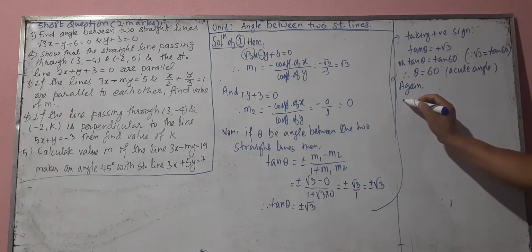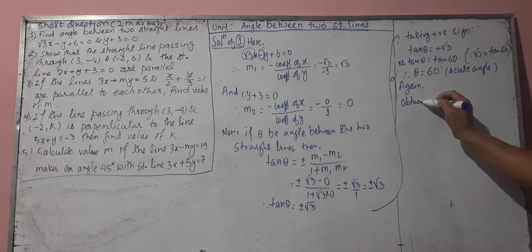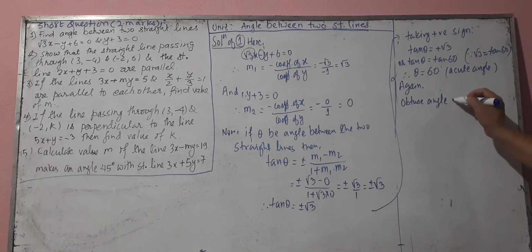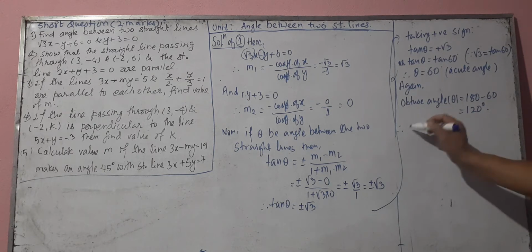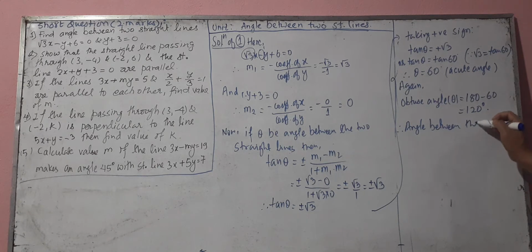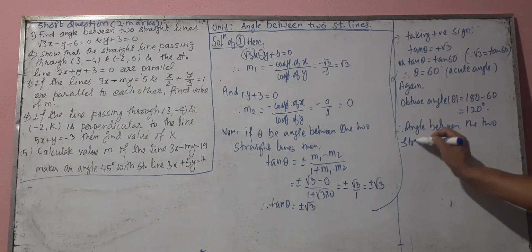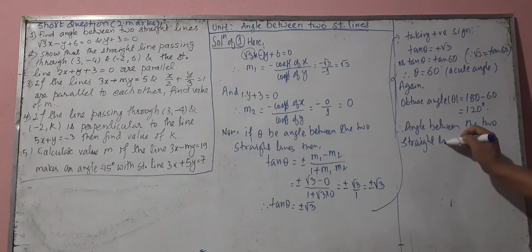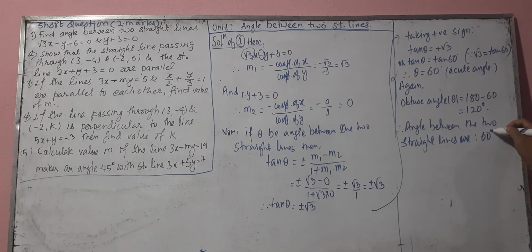So the obtuse angle theta equals 180 minus 60, and that is 120 degrees. Therefore, the angles between the two straight lines are 60 degrees and 120 degrees, and this completes the solution of question number 1.